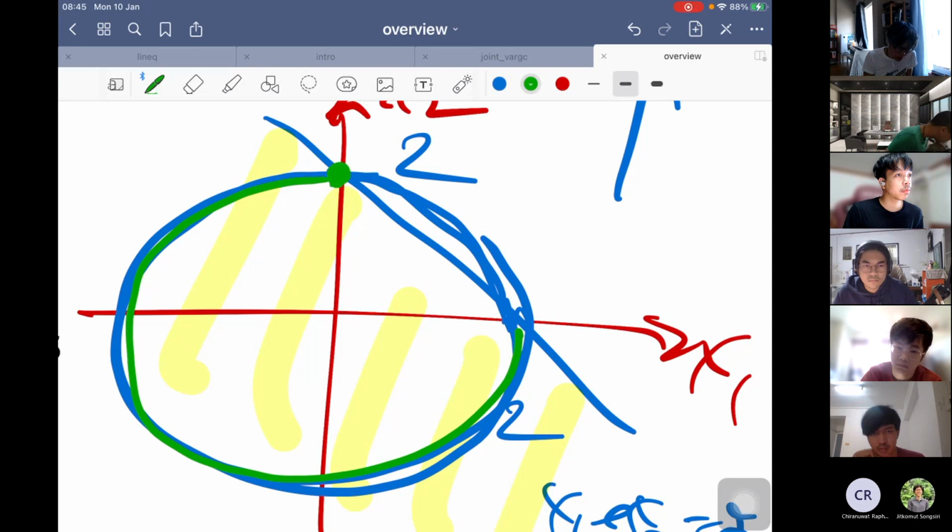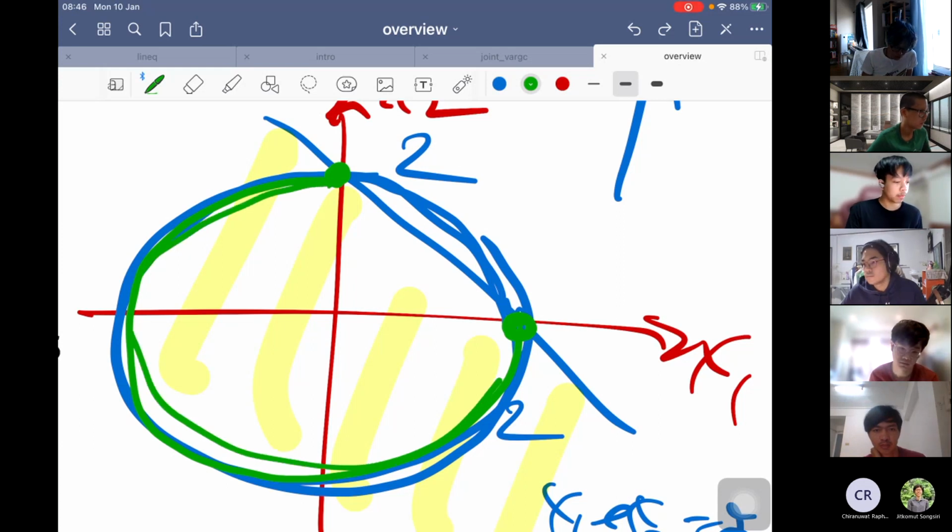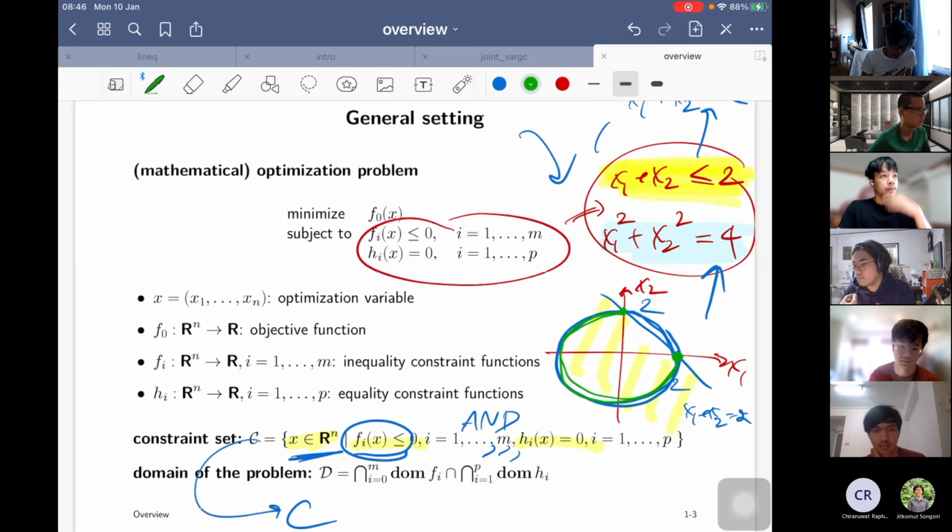Does it include this point? Yes. What about this part? No, it doesn't. So it's the intersection between the circle and the yellow area. Is it clear? So this is your constraint set C.